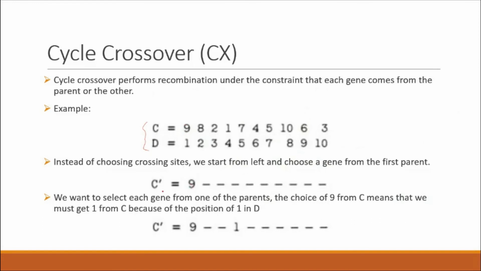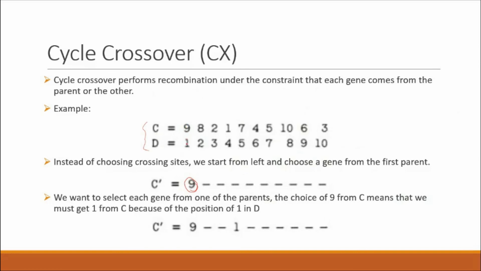So initially we start with an empty string. And the first item is inserted into that particular string. So the 9 is placed here. Now, since 9 is here, in the place where 9 comes in C, in D comes 1.